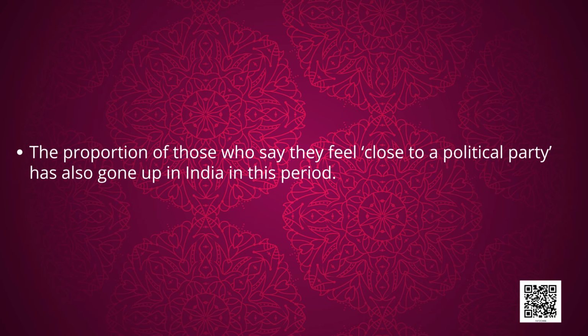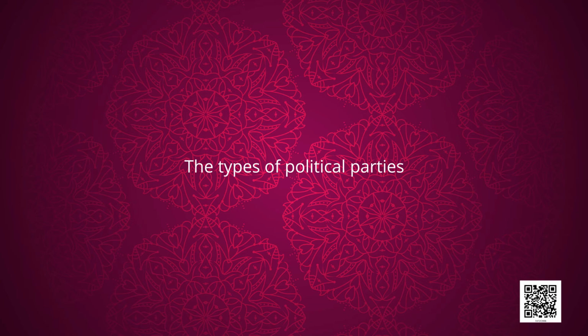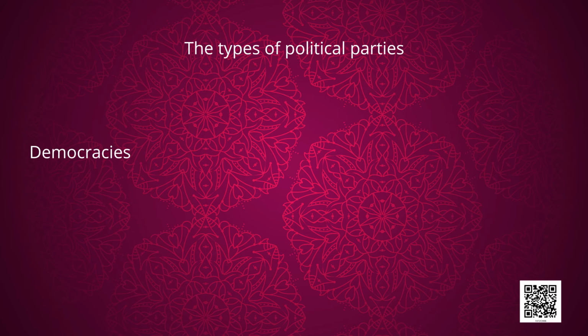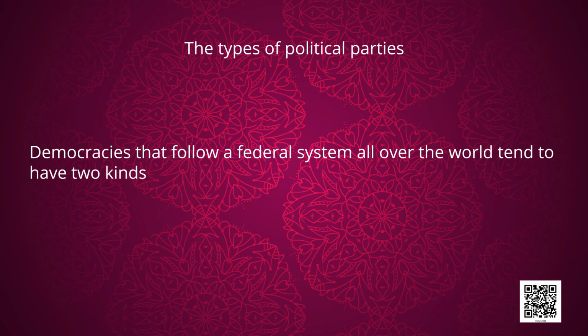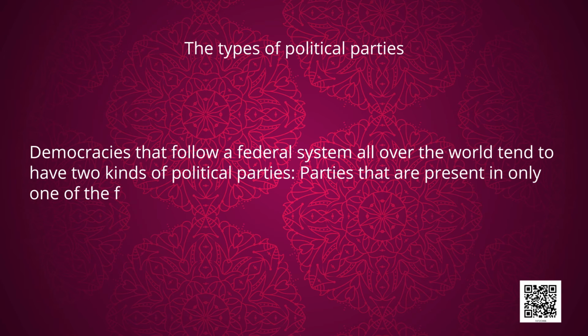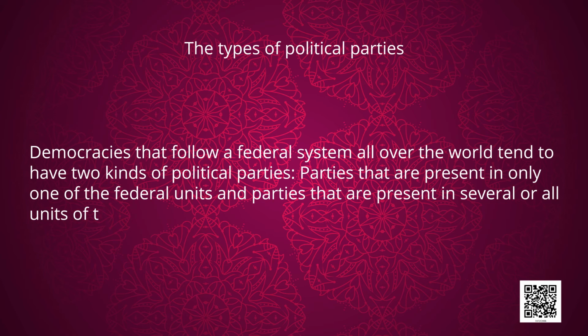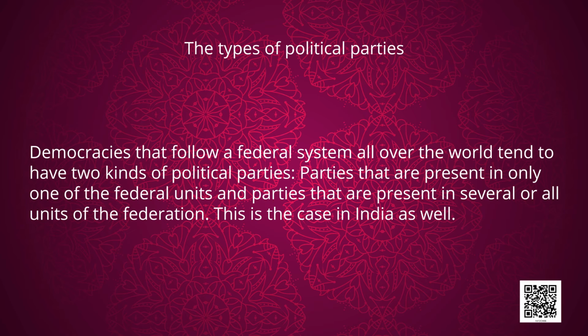Now, let's move ahead and talk about the types of political parties. Children, democracies that follow a federal system all over the world tend to have 2 kinds of political parties. Parties that are present in only one of the federal units and the parties that are present in several or all units of the federation.